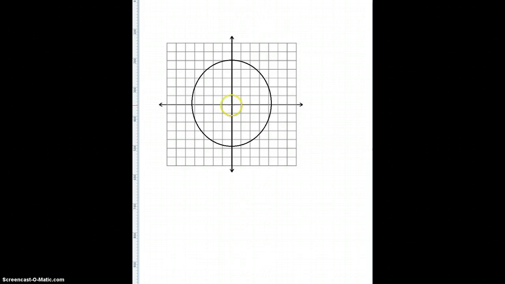We're just going to say we don't know what the center point is, and this is the general form for a circle. Then we're going to draw a straight line from the center of the circle to any point on the circumference. It doesn't matter which point.